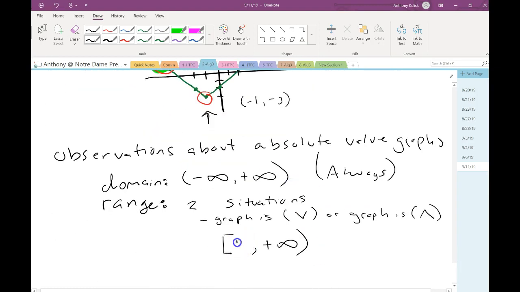So the k value is going to tell me what that y coordinate for the lowest point would be. If the graph is wedge-shaped, there's no lowest point, but there is a highest point. And again, that highest point, if the graph is wedge-shaped, is going to be defined by k.